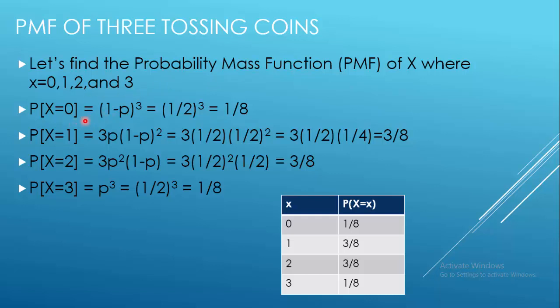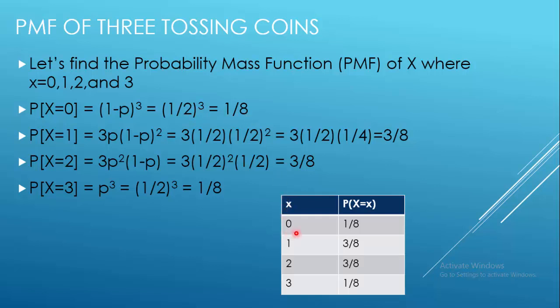Here we have just plugged in the value of P. As I told you in the beginning that the coin is fair, so in this case the probability of having the head and not having the head is the same, which is 0.5. So the probability of success is 0.5 and the probability of failure is also 0.5. So we simply say 1 minus p is equal to 1 by 2, which is 0.5, and then we cube it and we get 1 by 8.